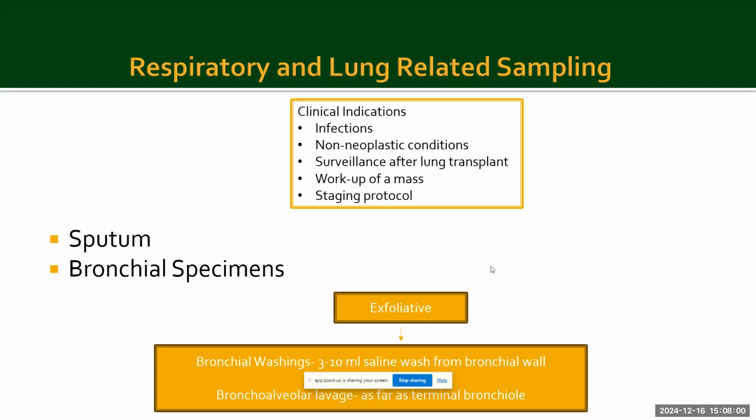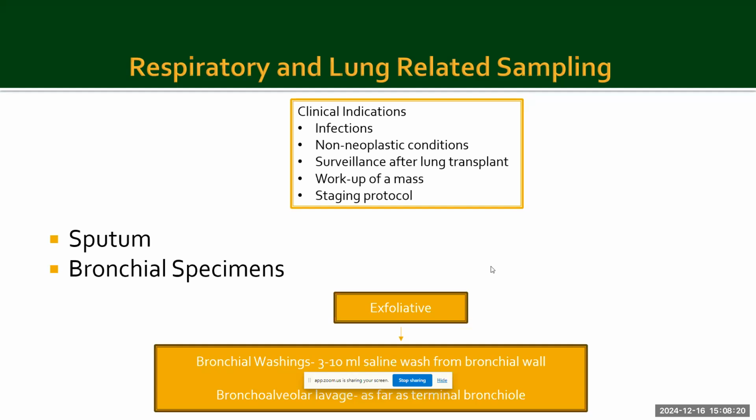Usually, the surveillance protocol after a lung transplant has both a component of a biopsy as well as exfoliative cytology samples. Other clinical indications are work up of an image or clinically detected mass, or it could be a staging protocol for an already diagnosed malignancy of lung.